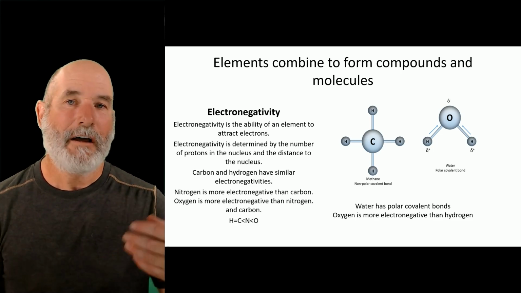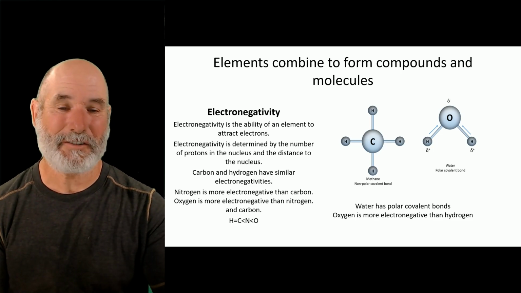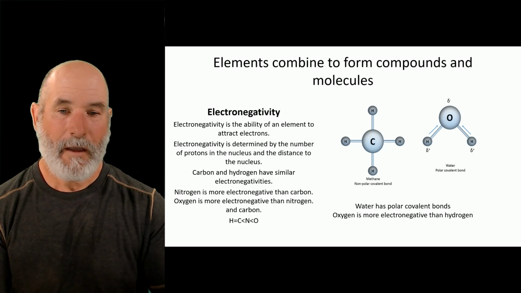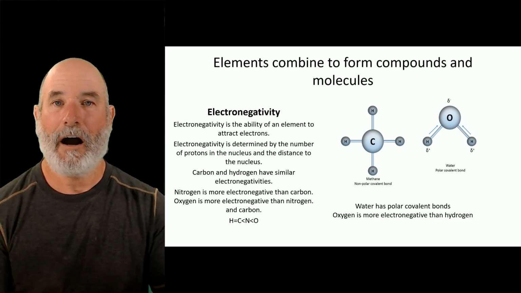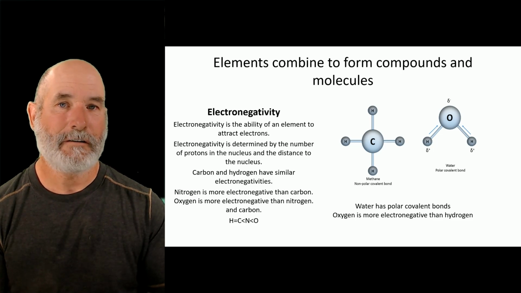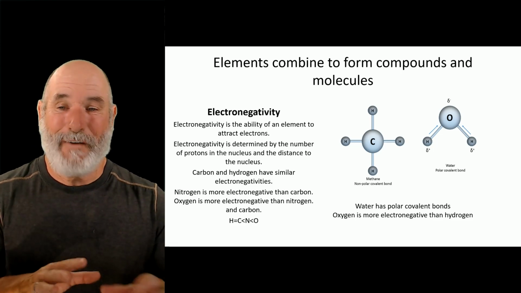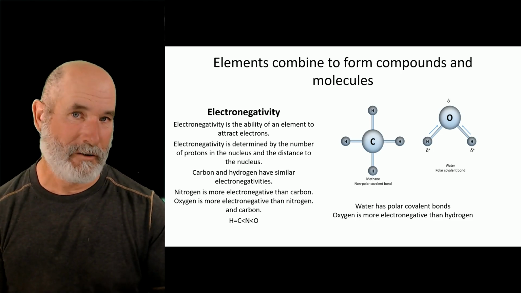And in fact, nitrogen, with 7 protons, is more electronegative than carbon, and oxygen is more electronegative than carbon, hydrogen, and nitrogen. Did I say that? I got lost up there. In fact, oxygen is the second most electronegative element in the universe.